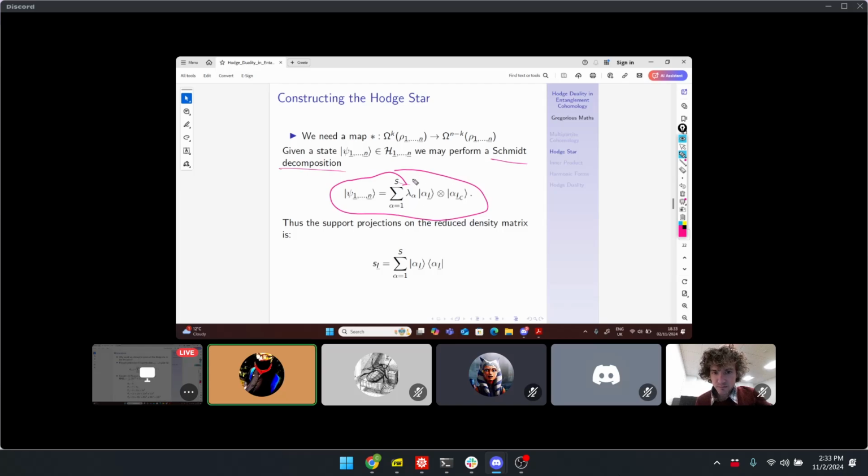And with this Schmidt decomposition, the support projections, which we defined in the earlier talk and in the recap, are just given by this sum here. So we drop our coefficients, and the support projections on some index of length k are given by this sum here.